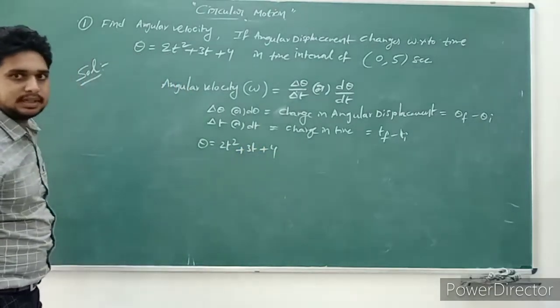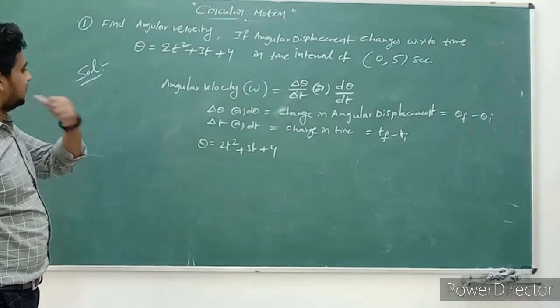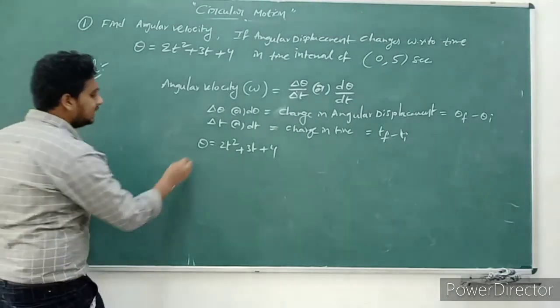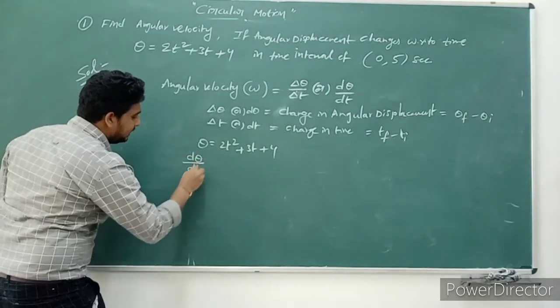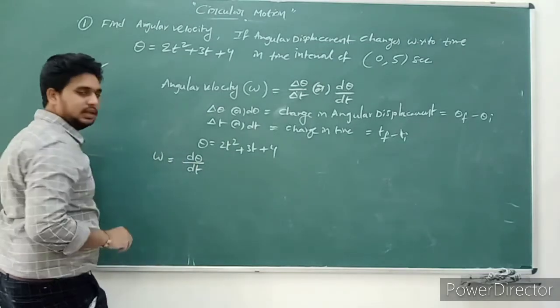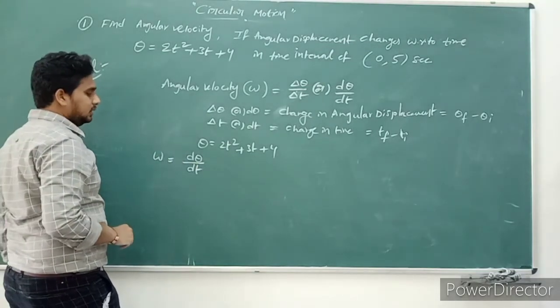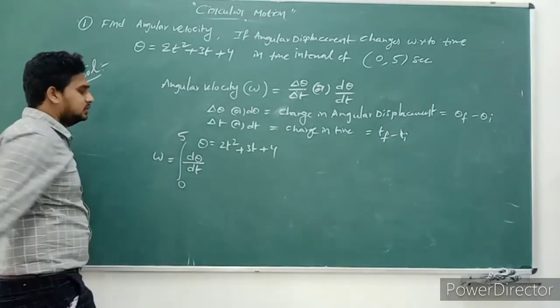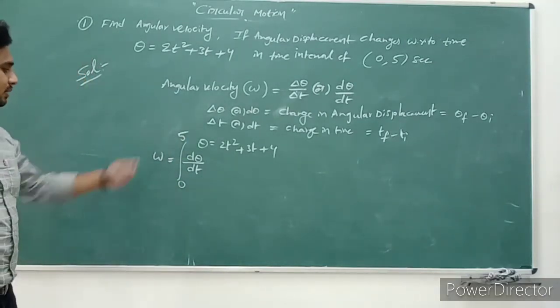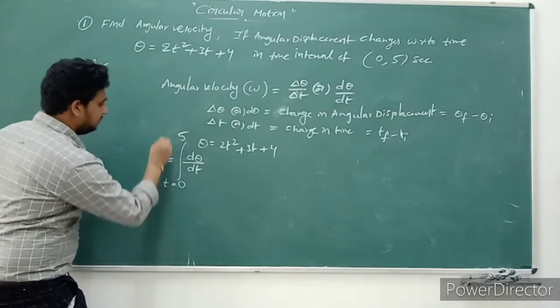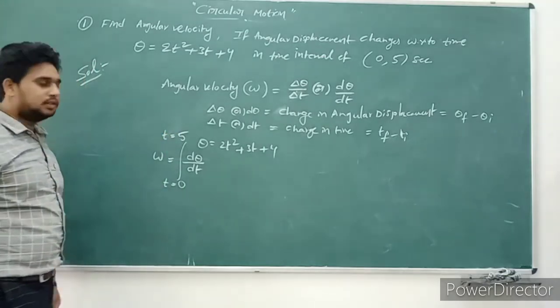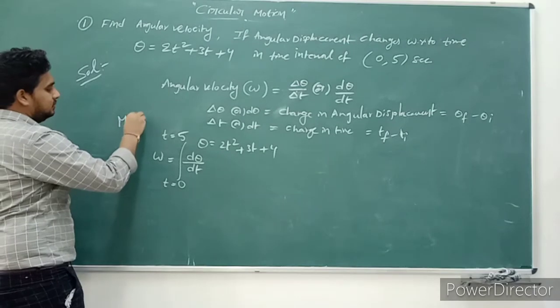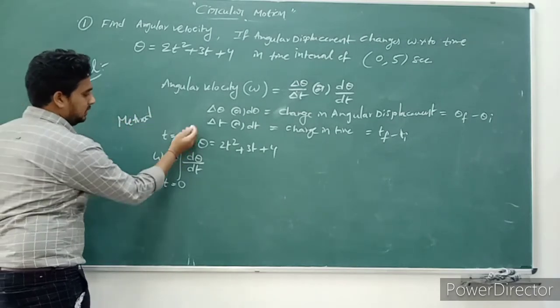So we apply d theta by dt, that is equal to omega, in the interval t equal to 0 to t equal to 5. This is method 1.